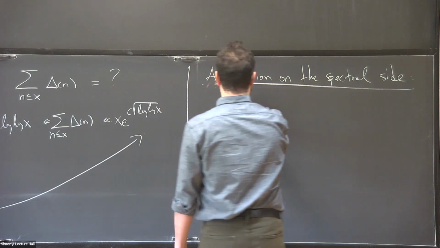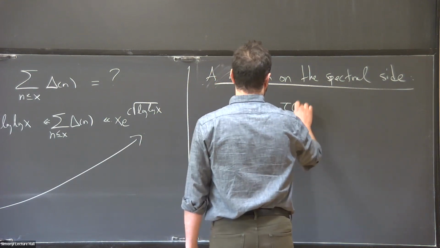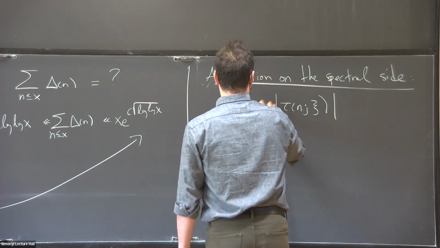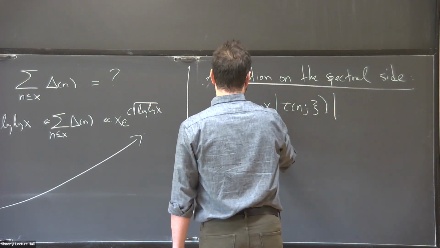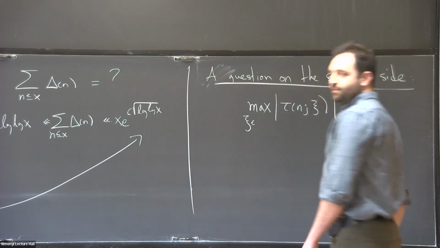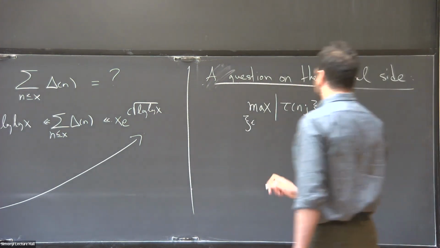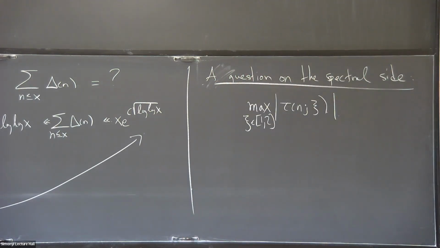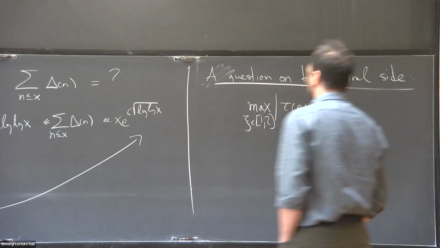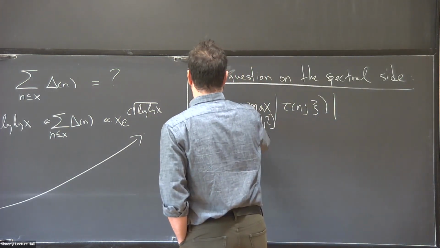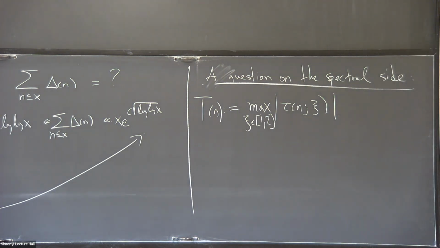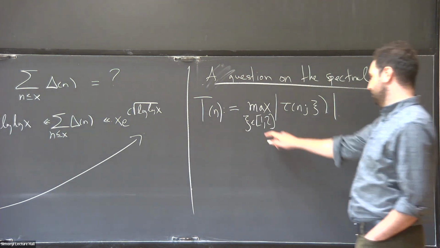So you take tau of n, d, xi, and then you take the maximum of it over some interval. Just to be clearer and avoid too much notation, I'll just fix the interval 1, 2. And let me call this capital T_n.